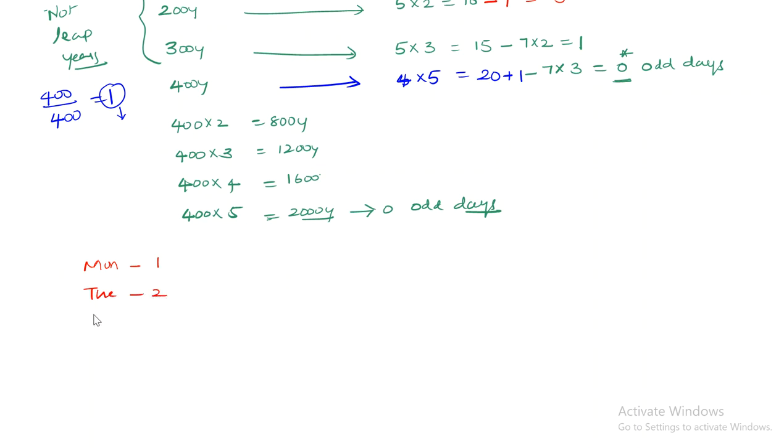Tuesday 2, Wednesday 3, Thursday 4, Friday 5, and Saturday 6. And a very important one: Sunday is either 7 or 0.